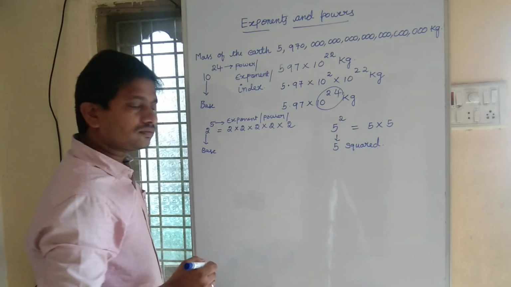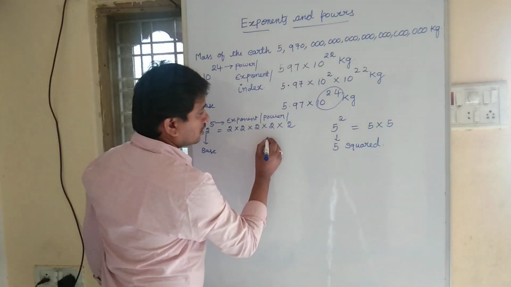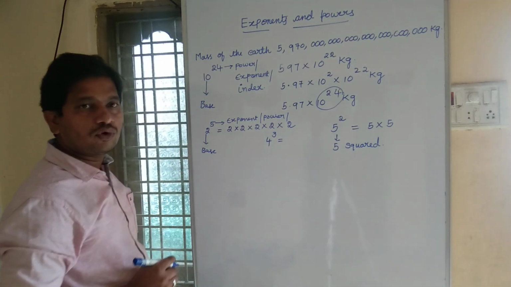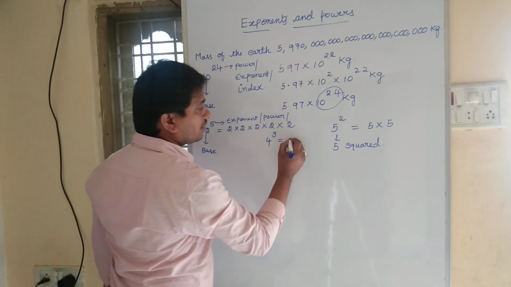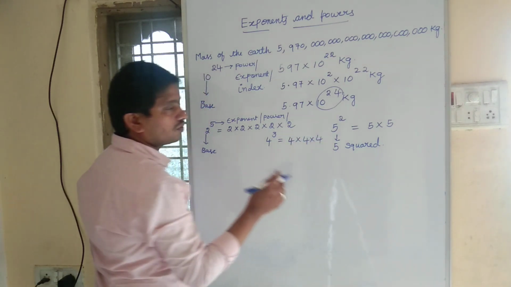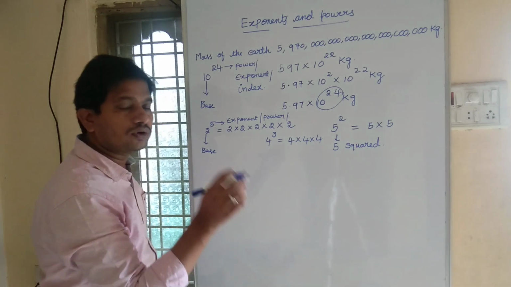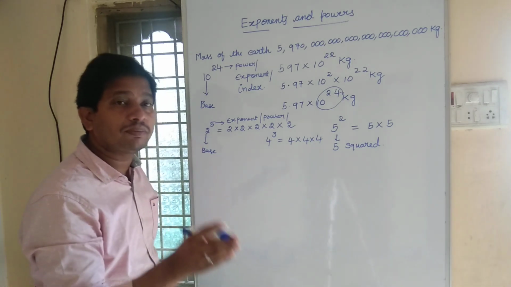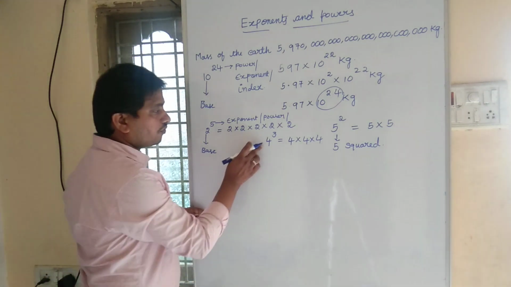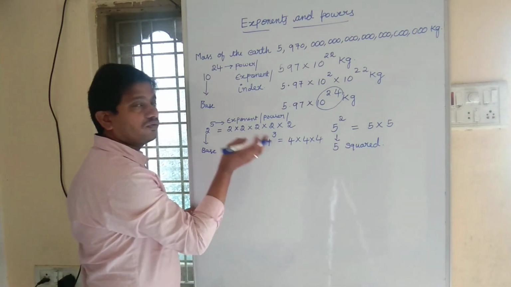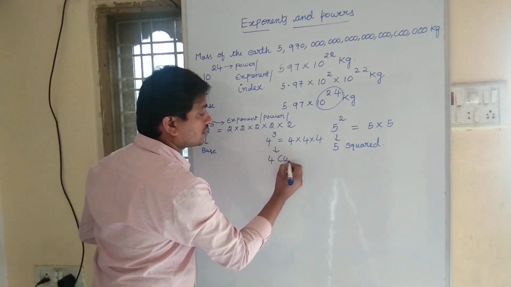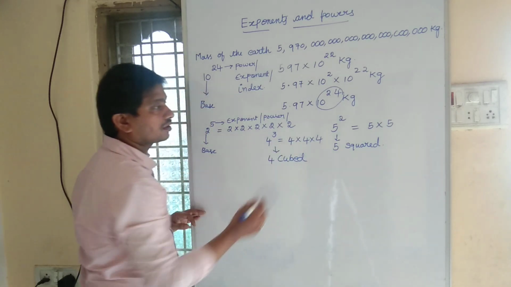Similarly, 4 raised to the power 3. What is the meaning of 4 raised to the power 3, children? 4 into 4 into 4. 4 is multiplied by itself 3 times. We also have a special name for it: we can call it 4 cubed.